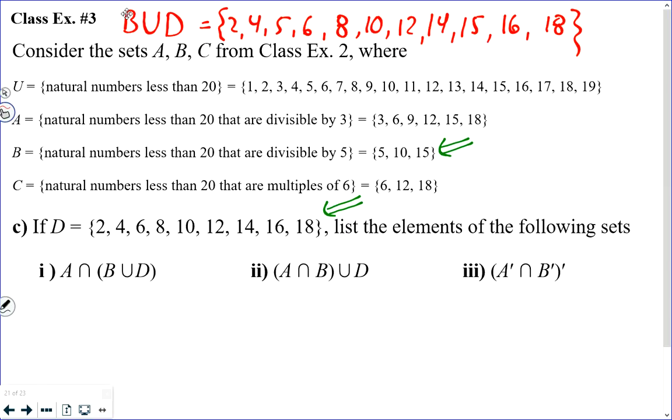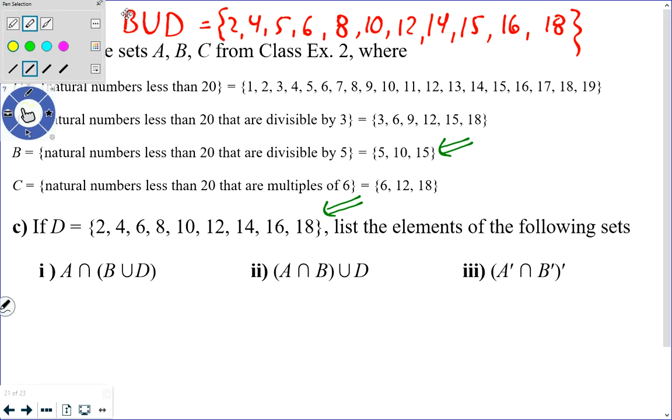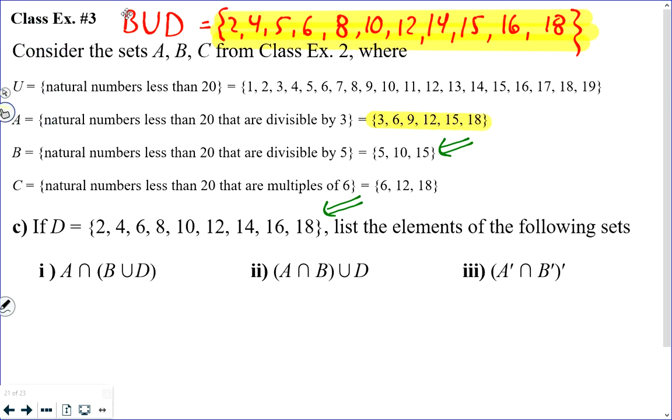Now we want this and this to intersect. All right, in part C, part 1, it says the intersection of A, which is this, with the union of B and D, which is at the top.